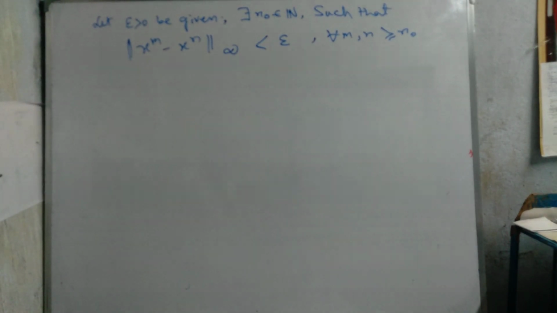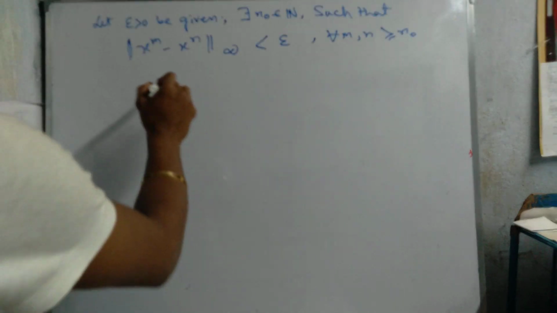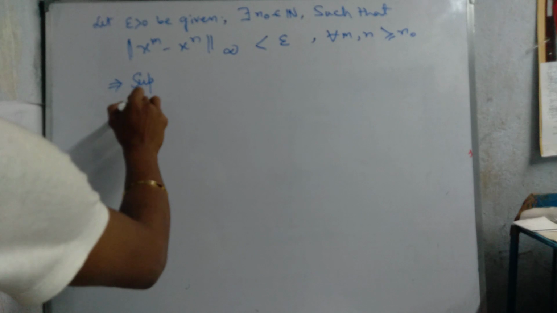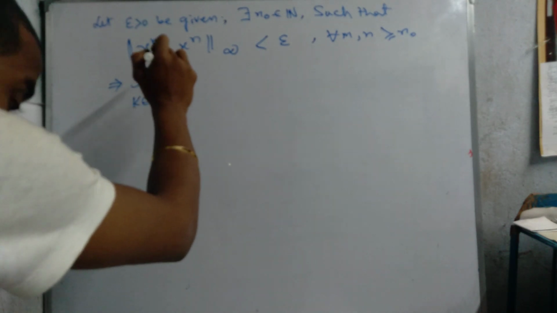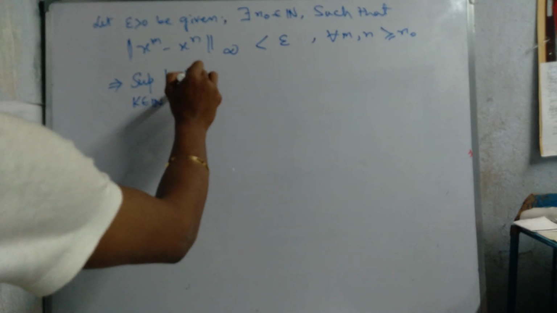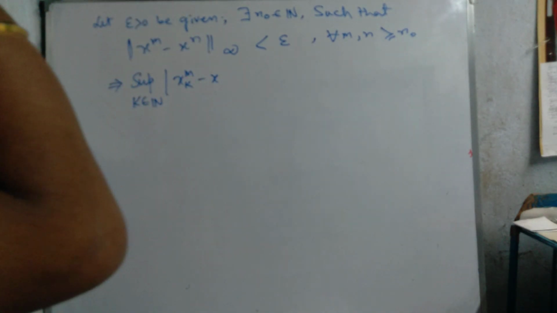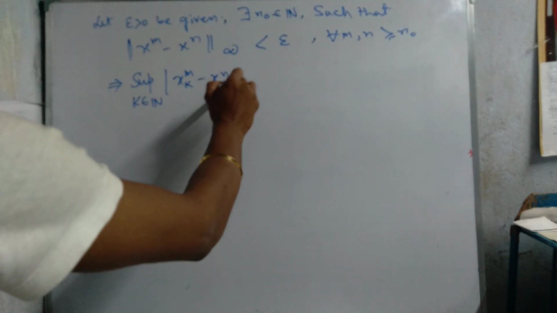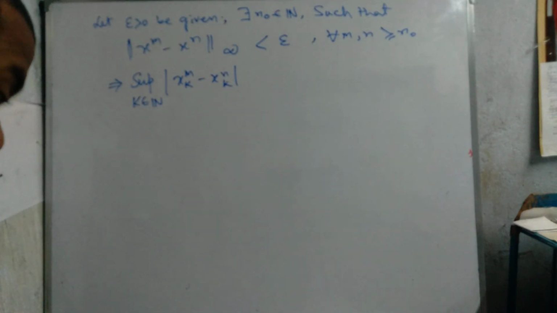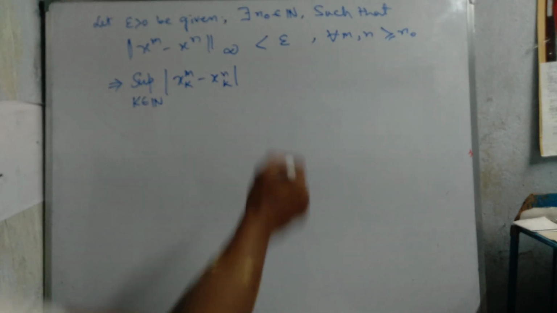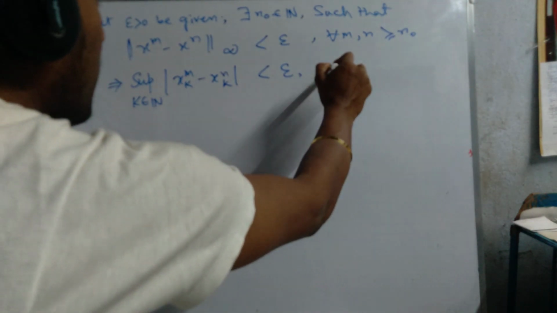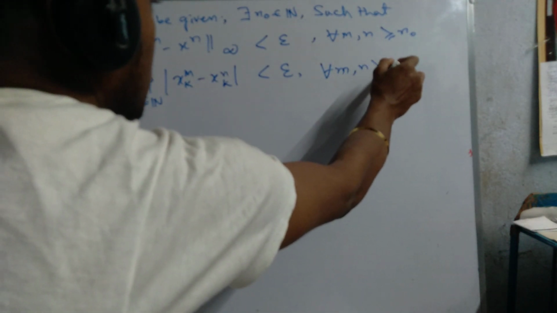Then we further proceed. We write the supremum over k belongs to N of mod of xk to the m minus xk to the n, with suffix k. Then what happened? That means all elements are less than epsilon for all m, n greater than or equal to n0.